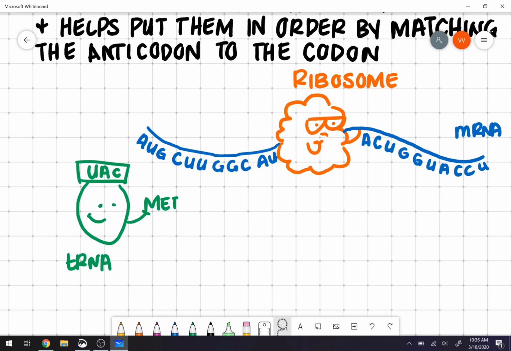A complementary sequence called the anticodon.